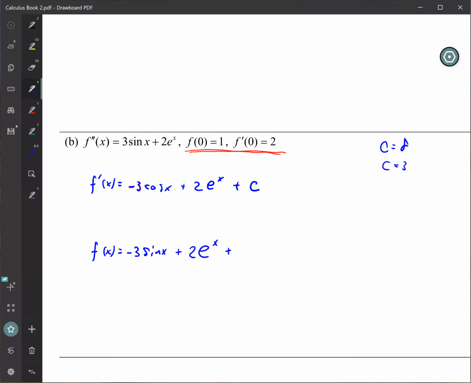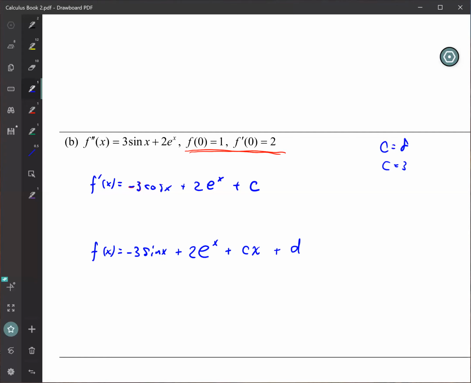If you just tacked on like an x. Okay, so cx, right? Yeah. So if you prime cx, it will give you c, right? And then you need to add another constant. Of course, it will be a different constant, so let's call that d.